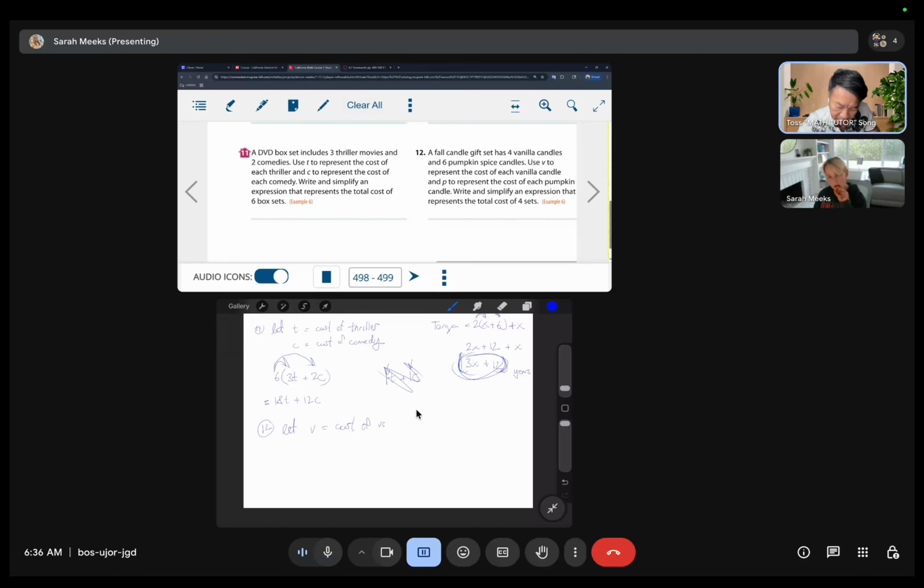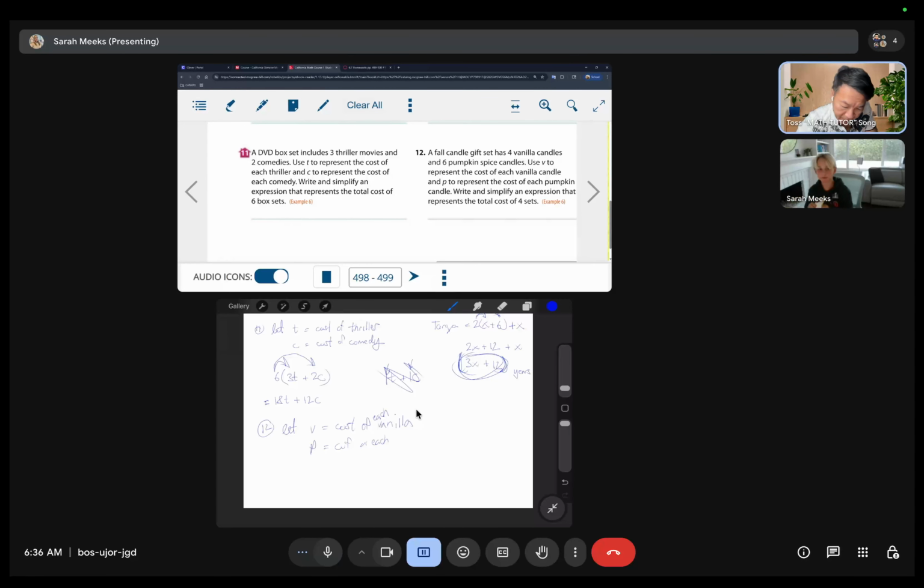You can just say vanilla if you want. They always kind of shorten phrases when you're defining it. And the P, cost of, or you may want to say each to be specific. You don't have to, but if you want to make sure that you get it correct, some students will actually make it very specific.